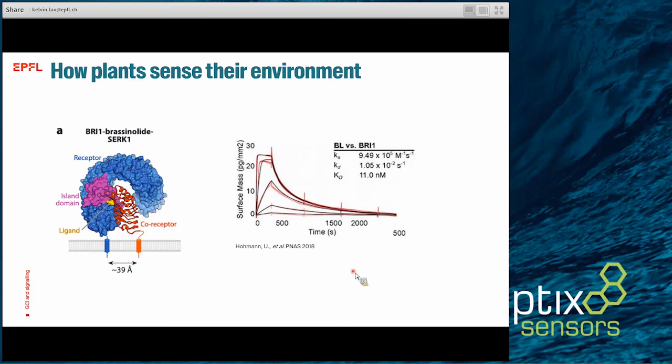But for us, we were more a biophysical lab, and we wanted to know the precise affinity and also kinetic rate constants and how this small molecule can attach to a receptor, which is very similar to what most pharma also want to determine between a drug and its receptor. And we were very pleased to see this, in particular because of the size of BRI1, which is around 100 kilodaltons unglycosylated, but it is glycosylated, versus the size of brassinolide, which is around 500 daltons, which is quite small. So it really shows off the sensitivity of the machine.